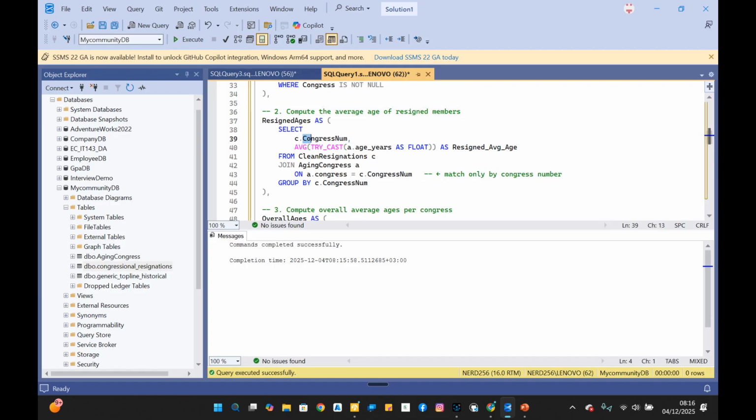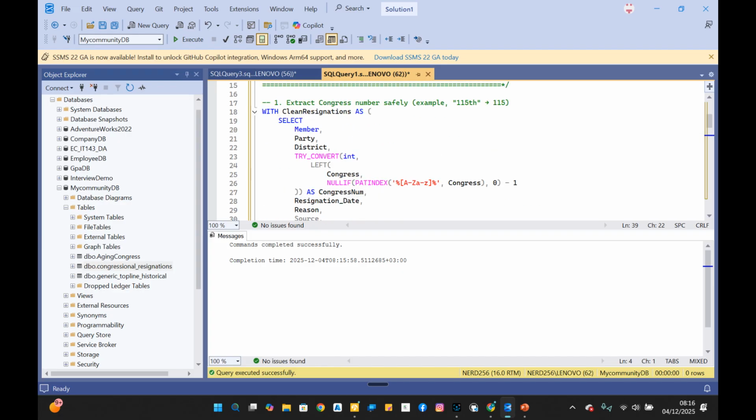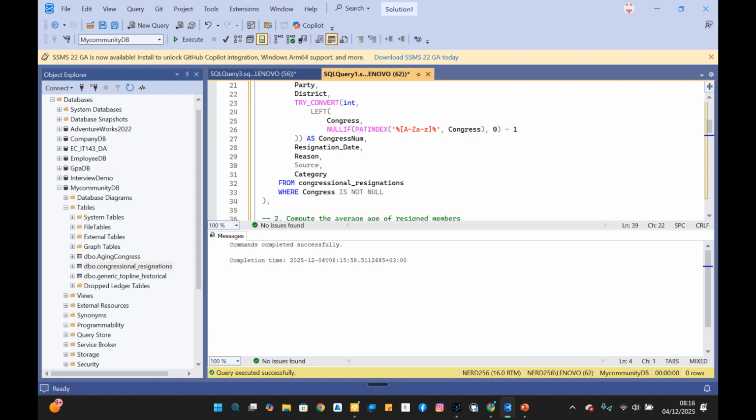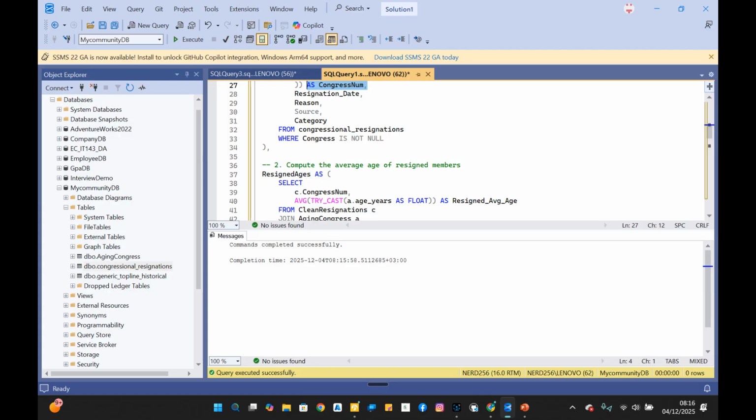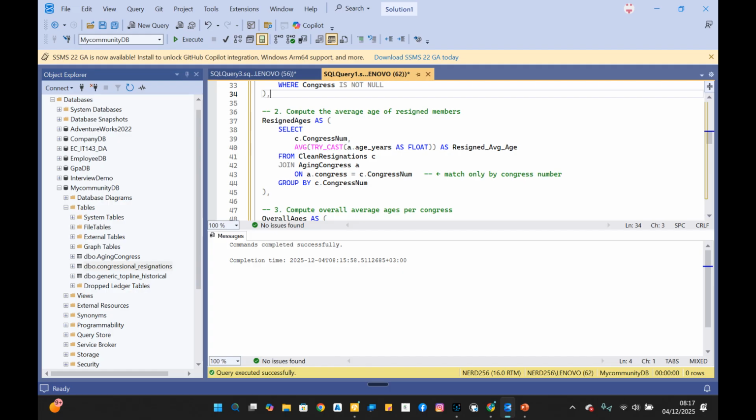Now, the second part, we compute the average age of resigned members. Then we call the first T. This is like a variable we created when we were extracting the Congress number. So it was saved as Congress num. So from the same table, after saving that number, we compute the average age of resigned members.